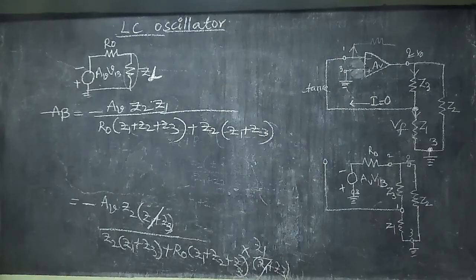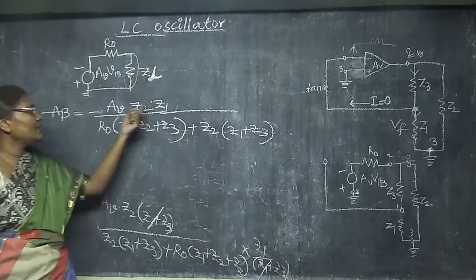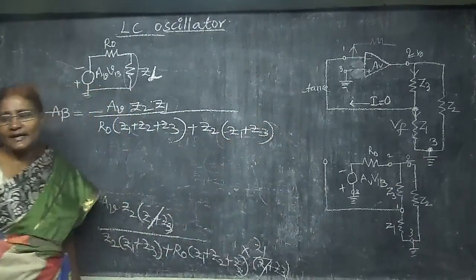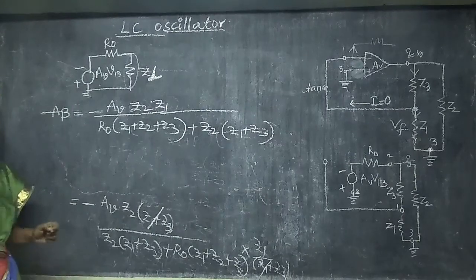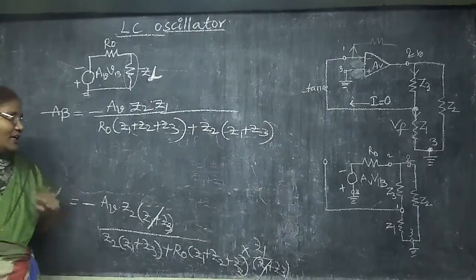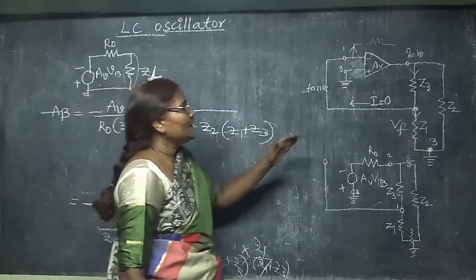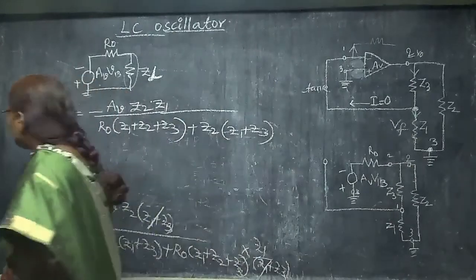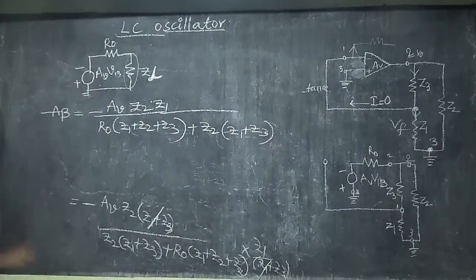Now, what are we considering? We are considering Z1, Z2 and Z3 as impedances. Suppose I assume that these three are purely reactive elements, that means the impedance does not have any real part.